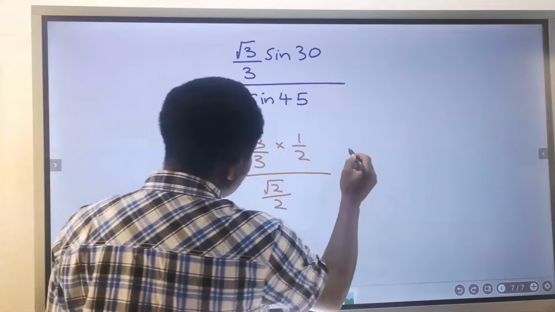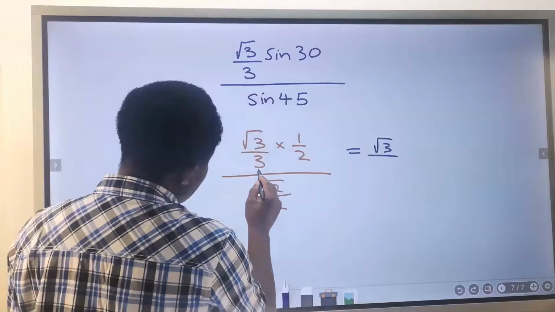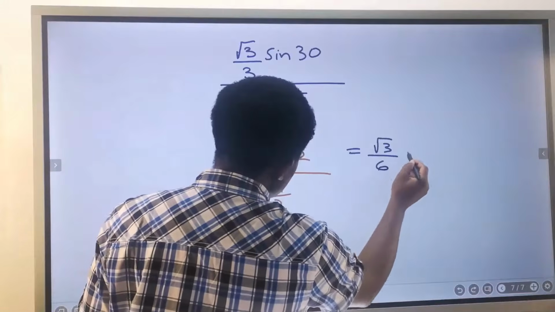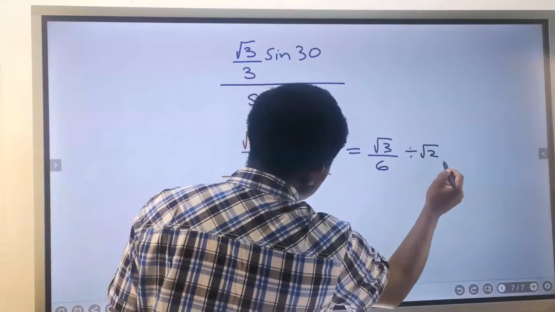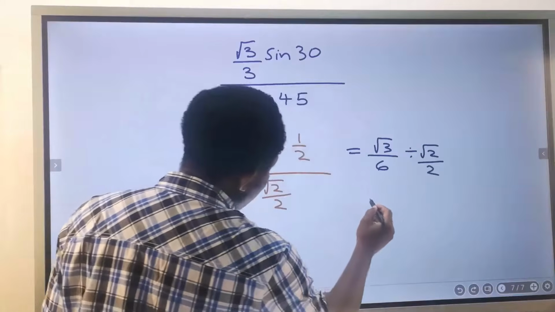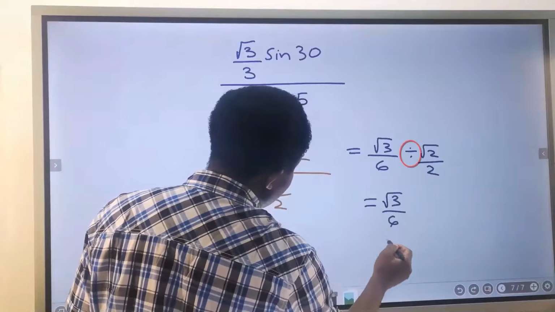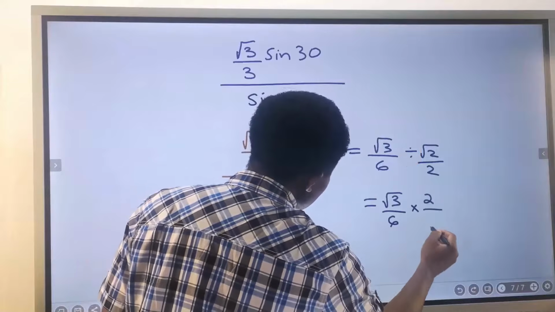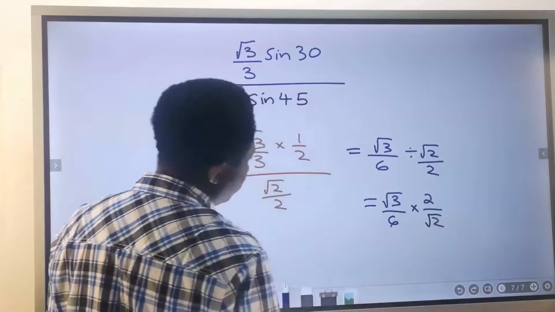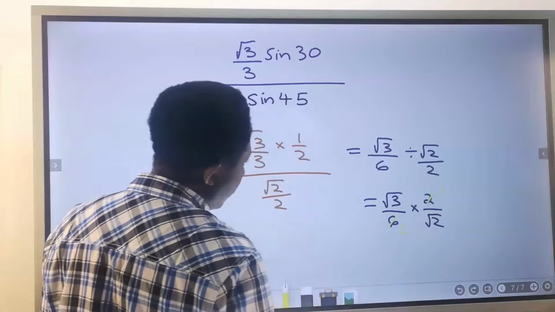Next, we are going to have root 3 divided by 3 times 2 is 6. Divide root 2 divided by 2. Here, we are going to have root 3 divided by 6 times 2 divided by the square root of 2. 2 here is 1 and 2 here is 3.